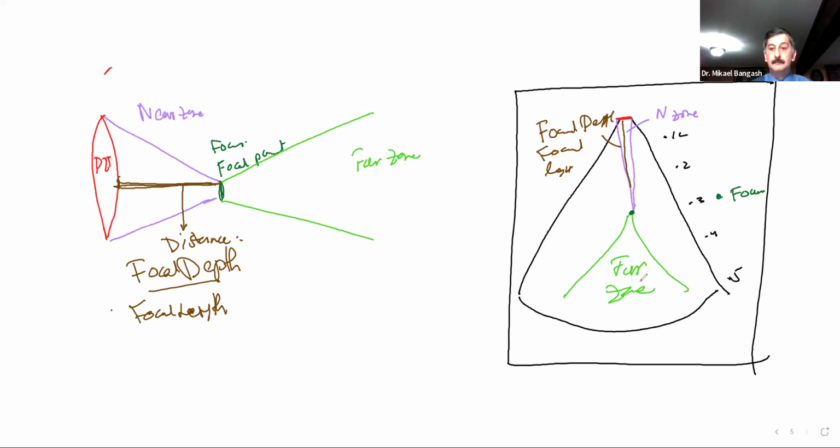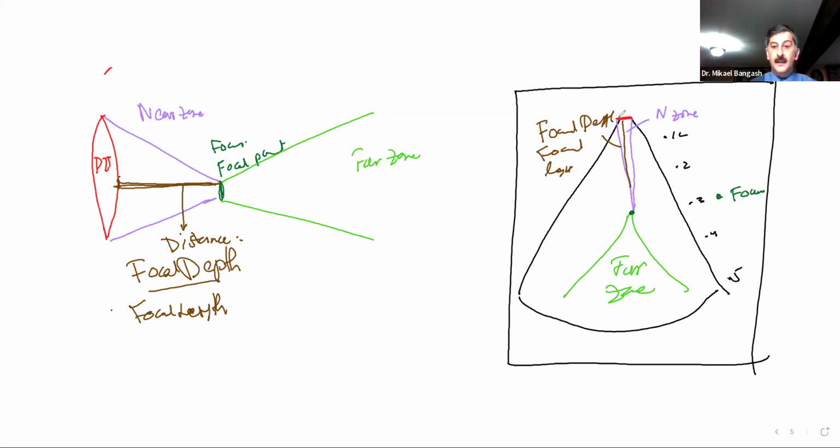Did that make sense? Yes. So the depth, whichever depth you choose for your beam to focus at, that point where the beam focuses is going to be called the focus or the focal point.